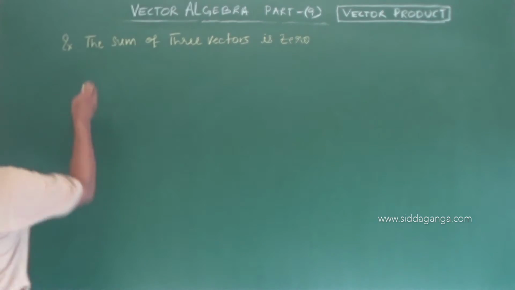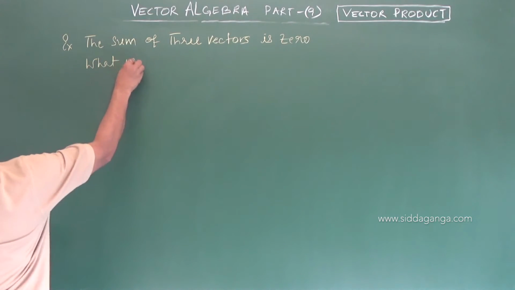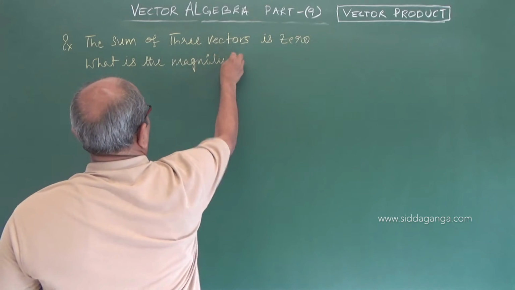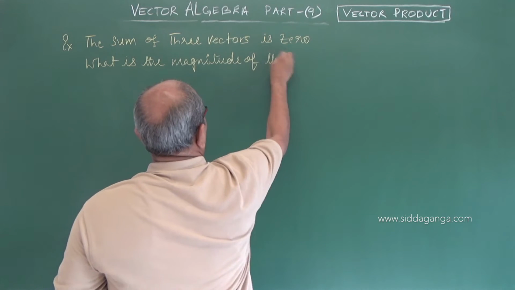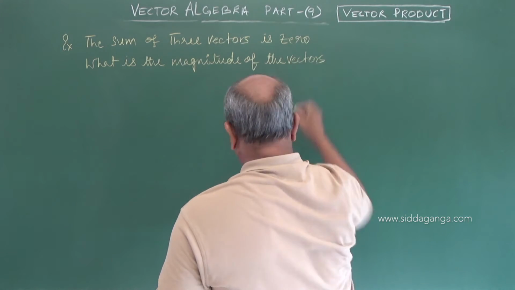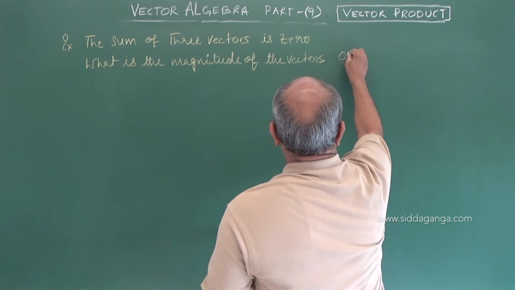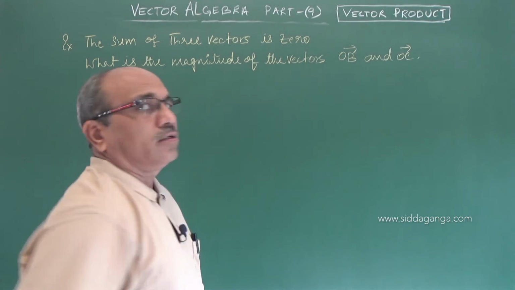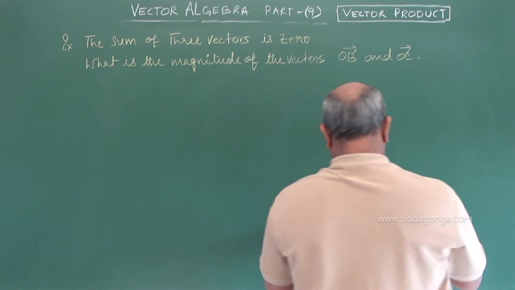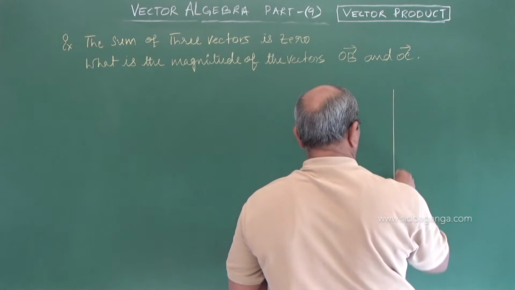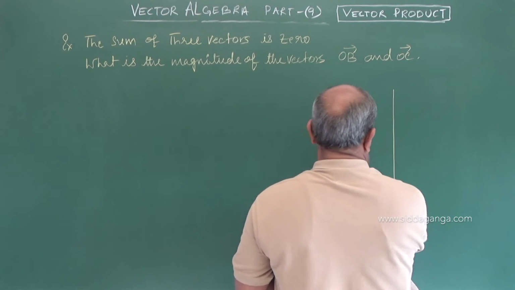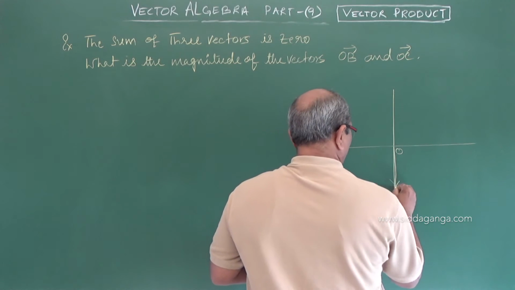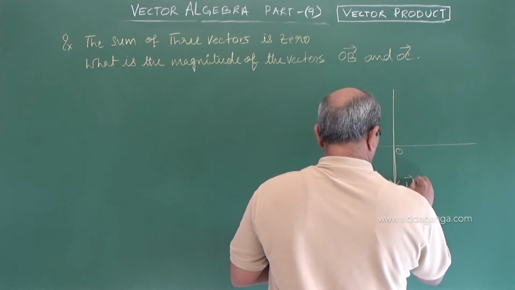What is the magnitude of the vectors OB and OC? For this they have given a figure here. The vector OA is 10 Newton.